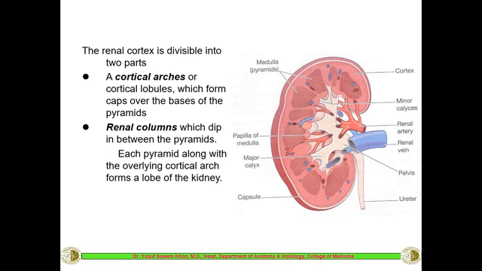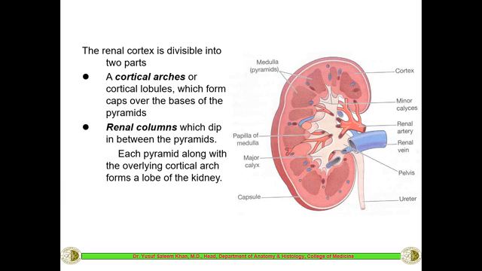Each pyramid along with the overlying cortical arch forms a lobe of the kidney. So we have seen that the kidney is divided into lobes by the pyramids as well as the cortical arches together. As I said, each renal pyramid along with the cortical arch forms one lobe of the kidney.